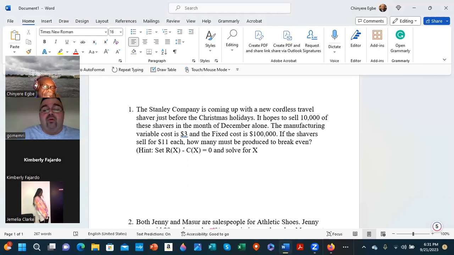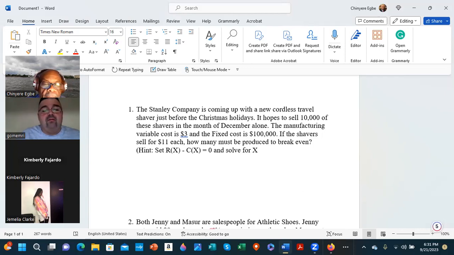So we're looking for the quantity of shavers. You can use S throughout. Remember, I say you can call it S, you can call it V, you can call it H, whatever you want to call it. How about shavers? Yes, you can say shavers.